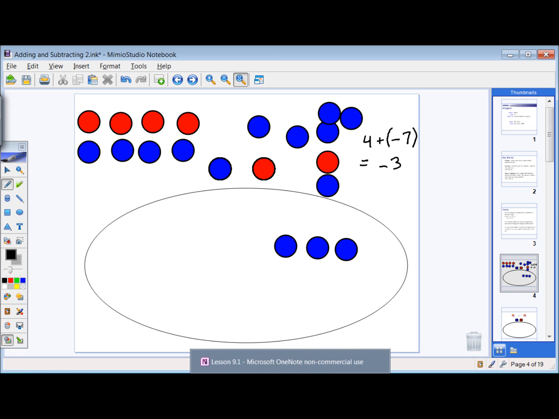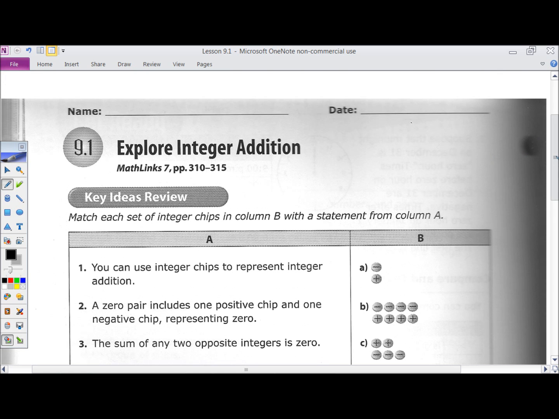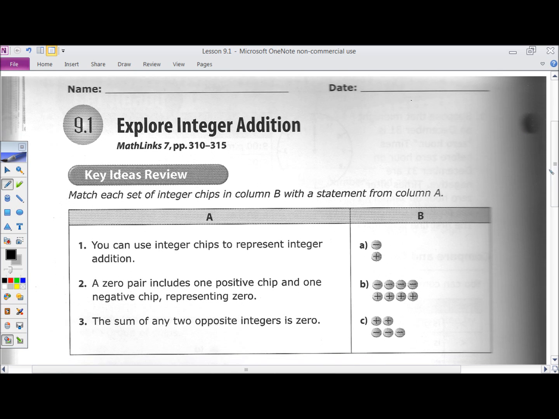Okay, let's look at the worksheet. Now, if you remember from in class, I said that in each video there will be a little secret I share with you, which tells you something you need to do in order to tell me that you actually watched the video.